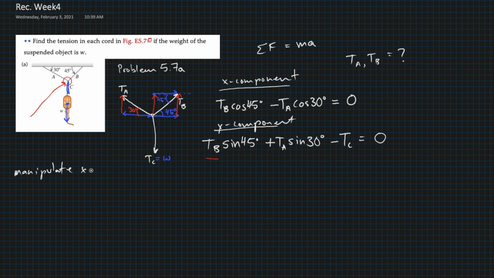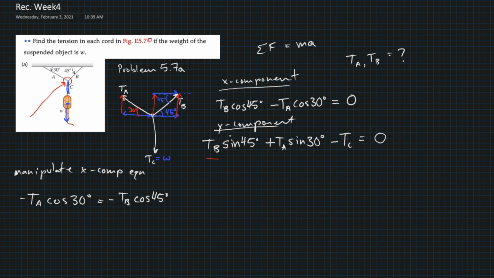What I'm going to do is solve for tension A. I'll rearrange some things, so negative tension A times cosine of 30 degrees equals negative tension B cosine 45.